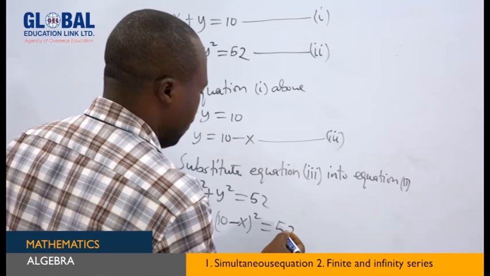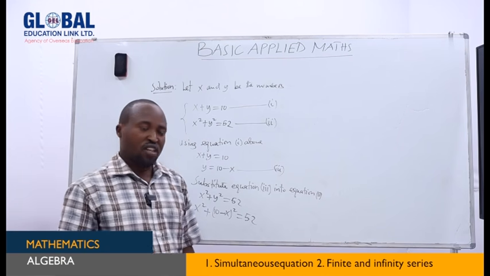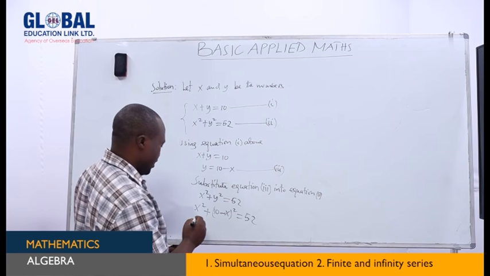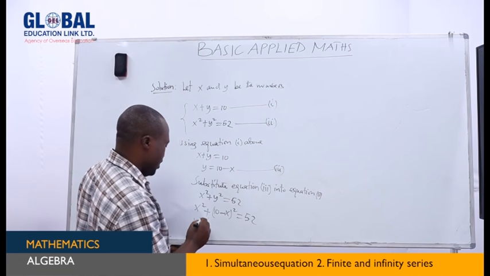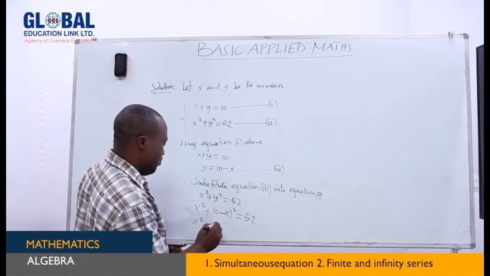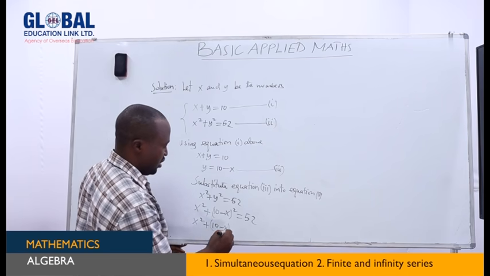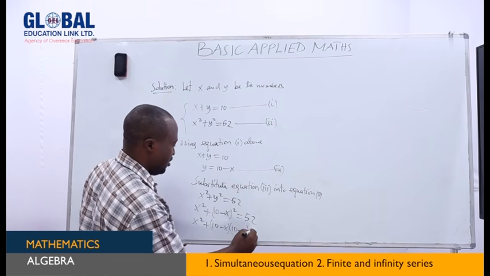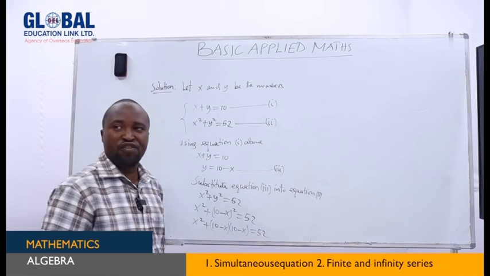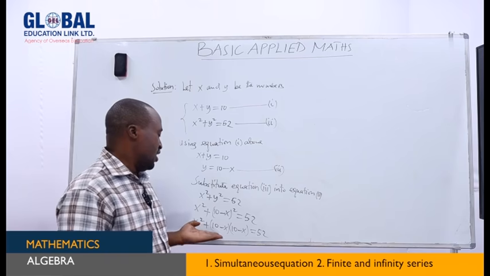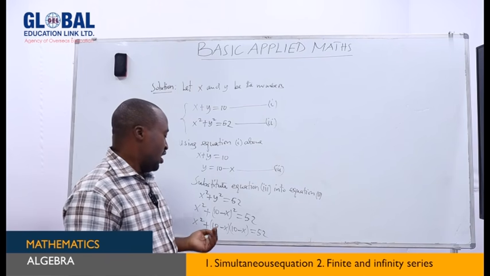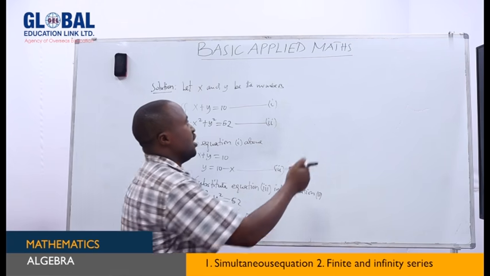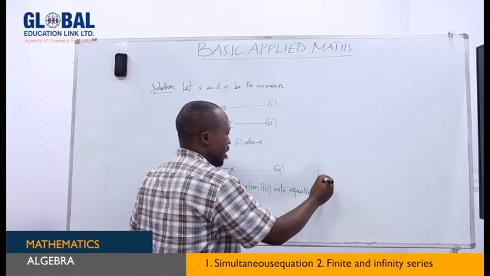Now we are supposed to expand 10 minus x squared, so we have x squared plus 10 minus x times 10 minus x, which is equal to 52. Now, what are we going to get?